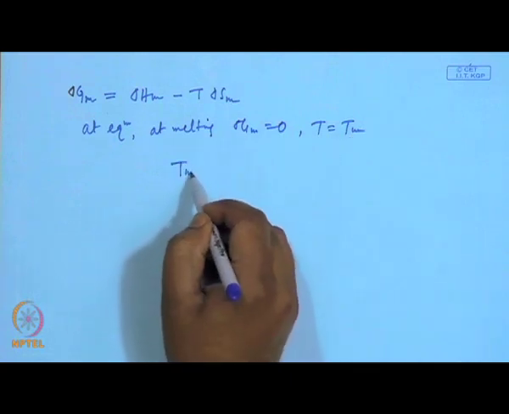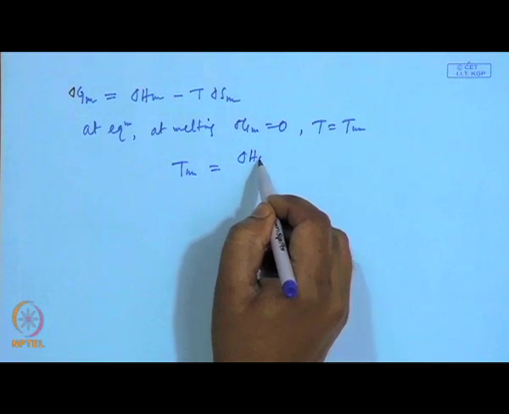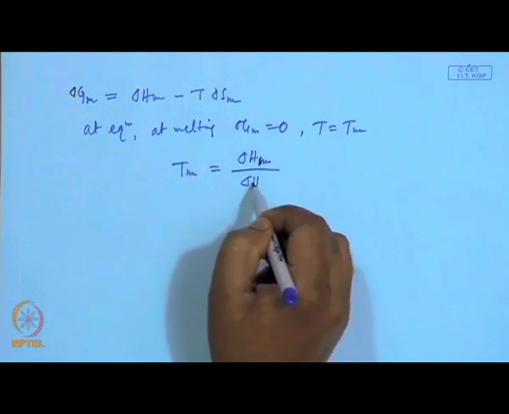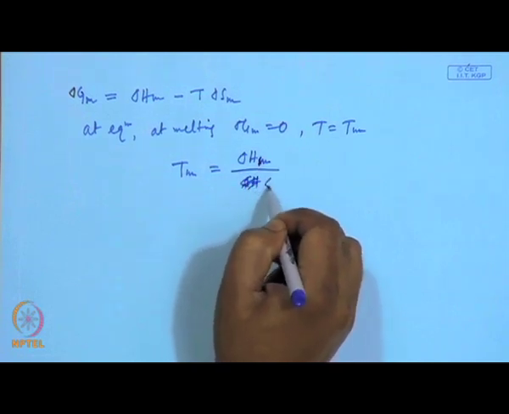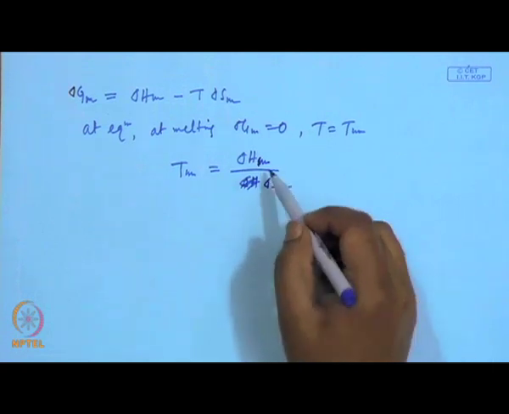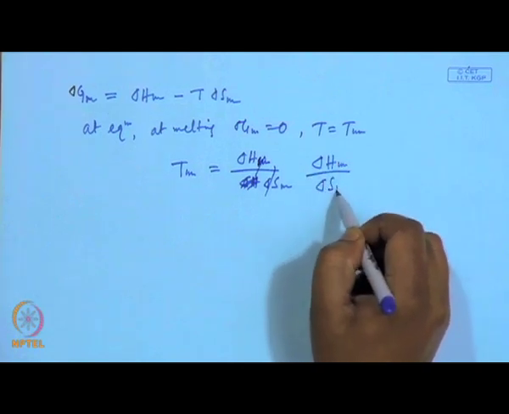Hence T m is given by delta H m by delta S m.